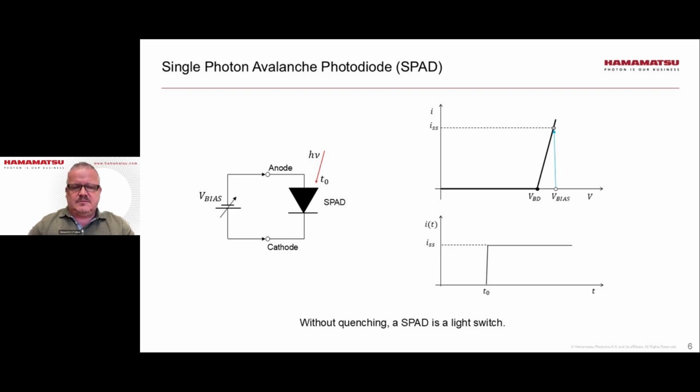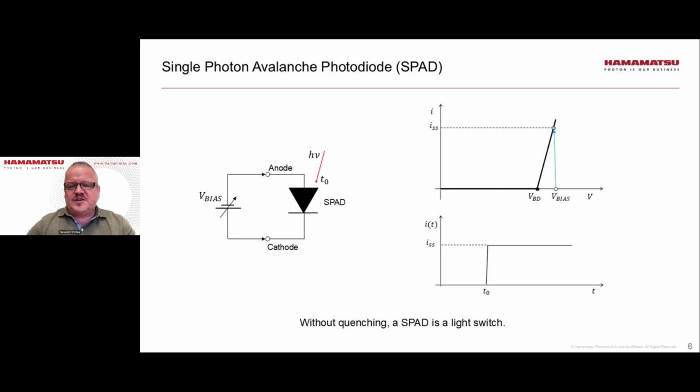Here we have a SPAD, which is biased above the breakdown voltage. On the right-hand side, we see a plot of current versus voltage. The Q point of the SPAD is a point on the V-axis. The SPAD is in this metastable state.